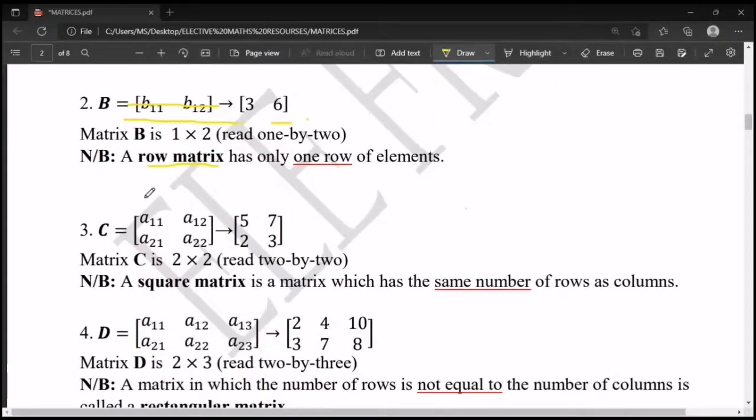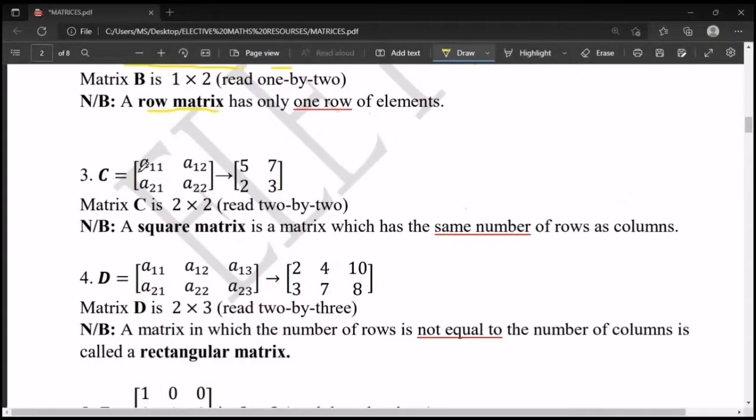Let's look at example 3. Let's check the elements. How many elements are here? We have 4 elements. How many rows? Row 1, row 2. How many columns? Column 1, column 2.